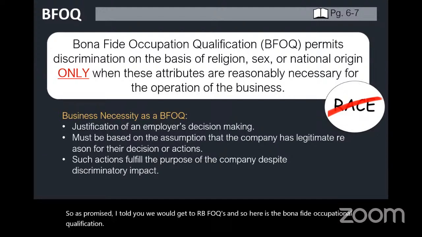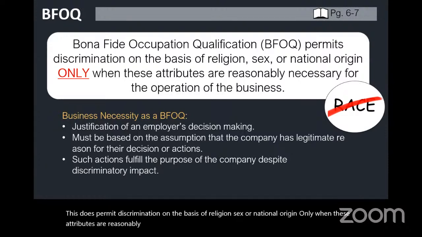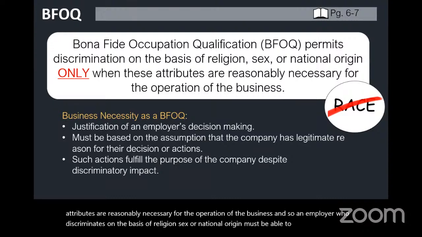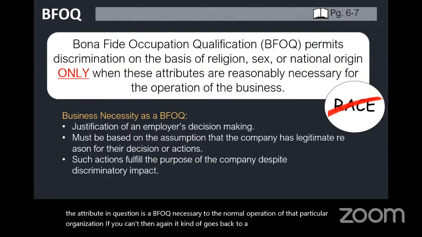This does permit discrimination on the basis of religion, sex, or national origin, only when these attributes are reasonably necessary for the operation of the business. An employer who discriminates on the basis of religion, sex, or national origin must be able to demonstrate that the attribute in question is a BFOQ necessary to the normal operation of that particular organization. If you can't, then it goes back to a discriminatory practice.